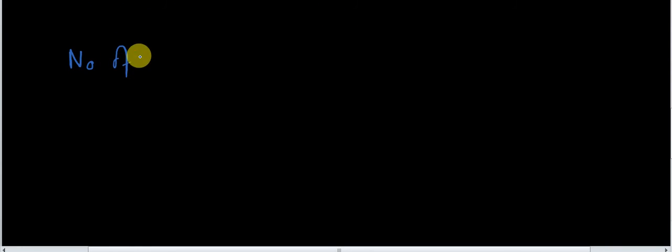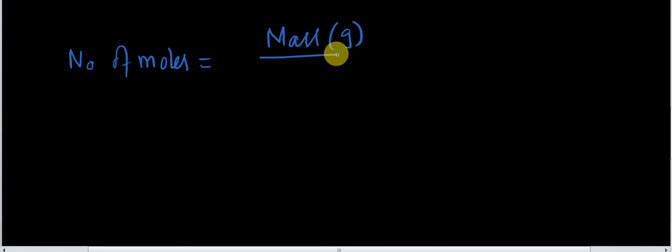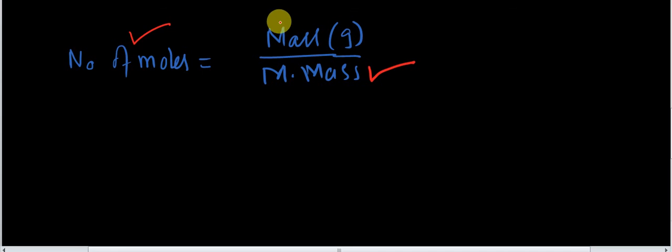The number of moles is equal to mass over molecular mass. What is given? Mole is given, yes. Molecular mass is 100 gram, and you will find the mass. This is very simple.